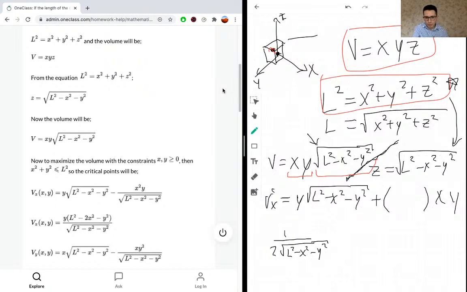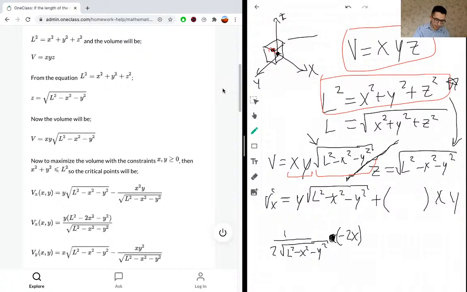So we have this component, and then times the derivative of the inside here. The inside is L squared minus x squared minus y squared. The derivative here would be negative 2x, because we're doing the derivative with respect to x, so that's the only term that matters. So it will be times negative 2x. I'll put this in brackets, and I'll put a dot for multiply.